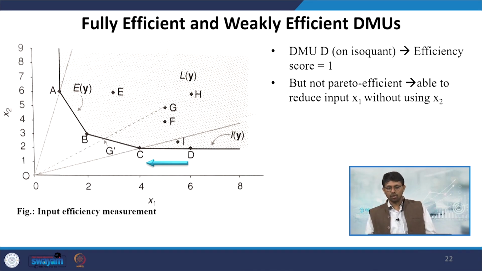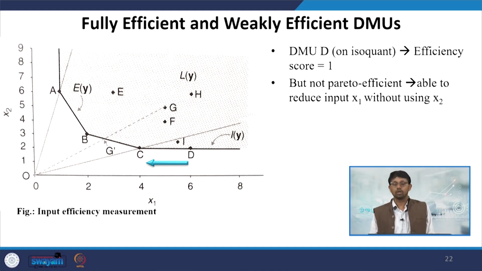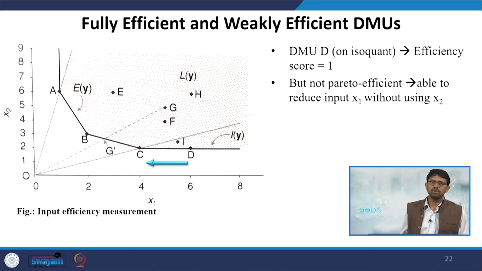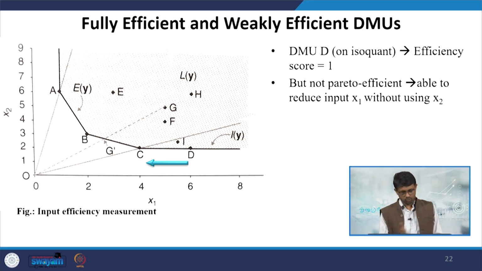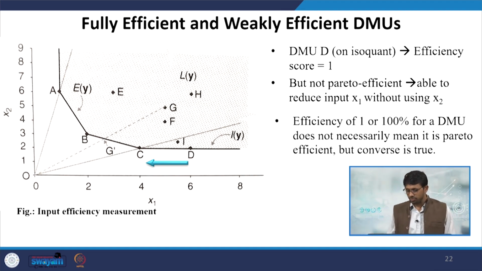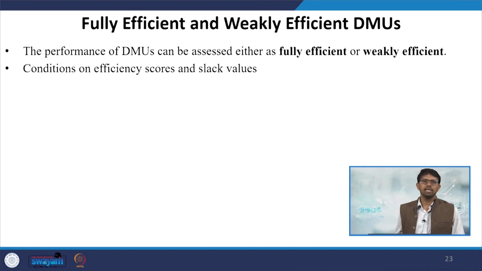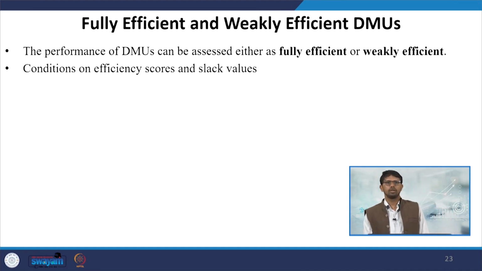So, DMU D on the isoquant is called efficient with an efficiency score of 1, but not Pareto efficient, since we are also able to reduce the X1 content and still reach the efficiency score of 1. Not Pareto efficient because we are able to reduce input X1 without using more X2. Efficiency of 1 or 100% for a DMU does not necessarily mean it is Pareto efficient, but the converse is actually true. Fully efficient and weakly efficient DMUs, we have clarified already.